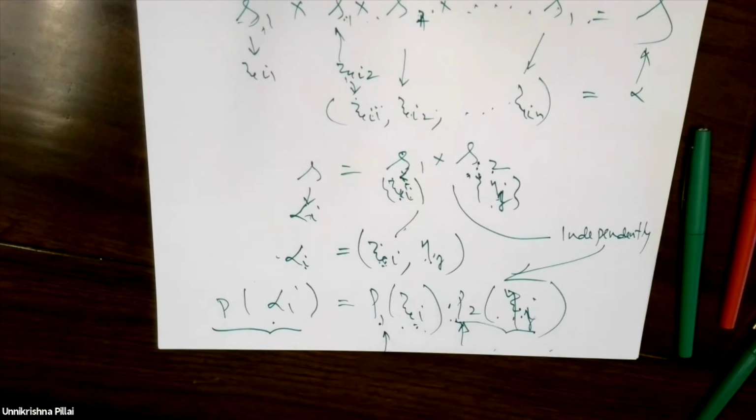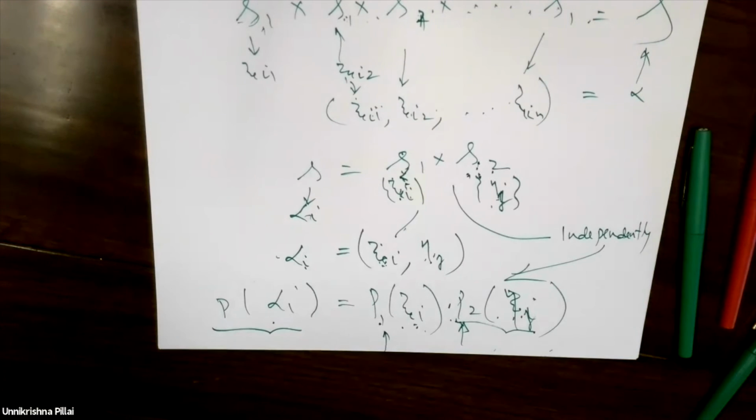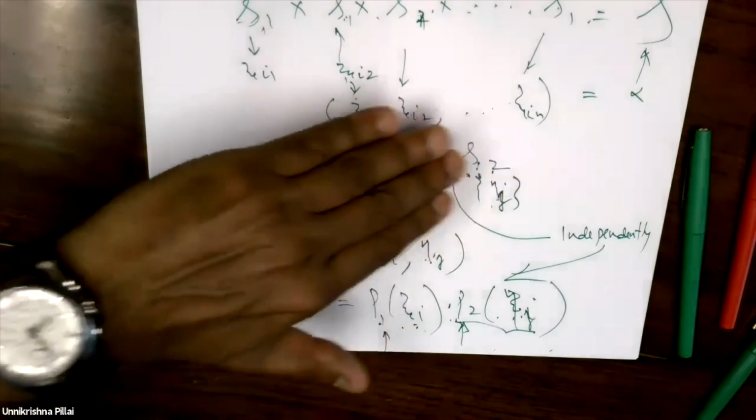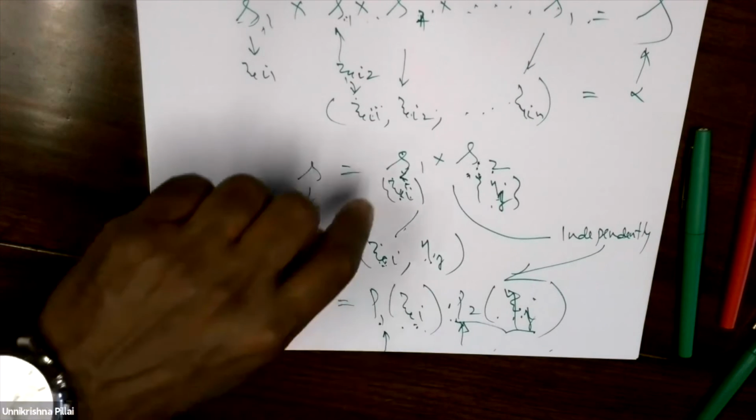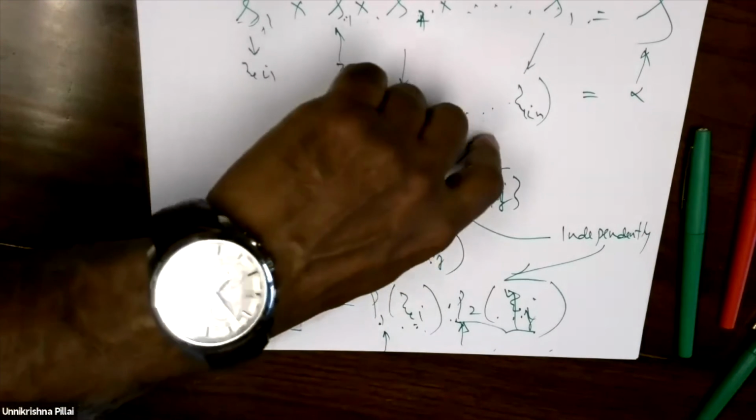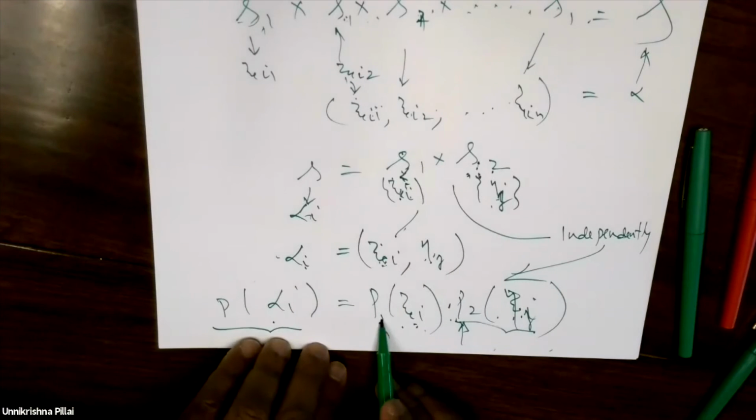So none of that is happening. If none of that is true, then you can assume these experiments are not influencing each other. And if these experiments are identical, then you don't need these suffixes 1 and 2, etc.